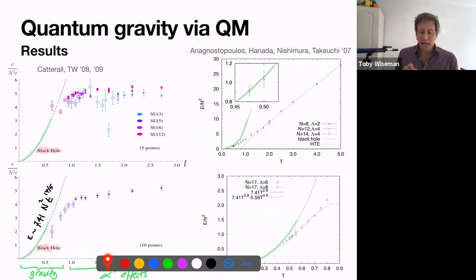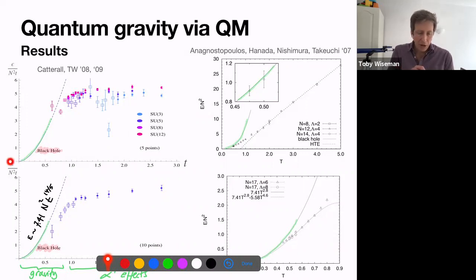Although we did manage to get higher N's in those days, and in fact, this group got much higher N's, up to N of 17 for some limited sets of data. But already N of 5 is not far away from the really large N limit. It approaches the large N behavior quite quickly.